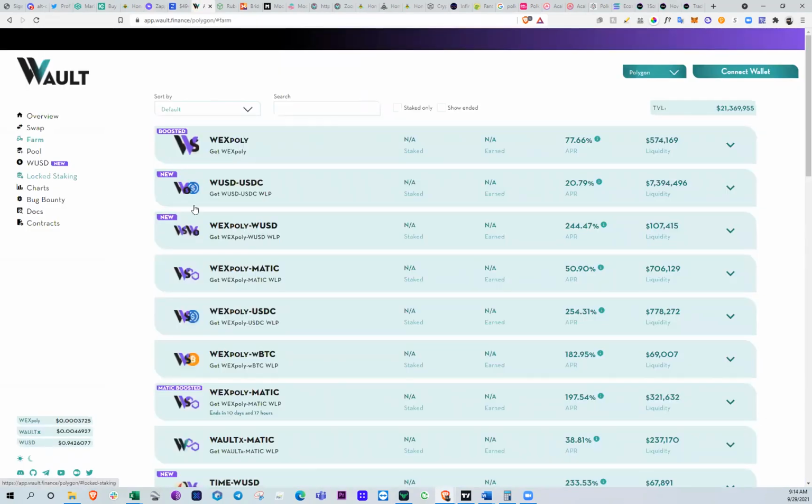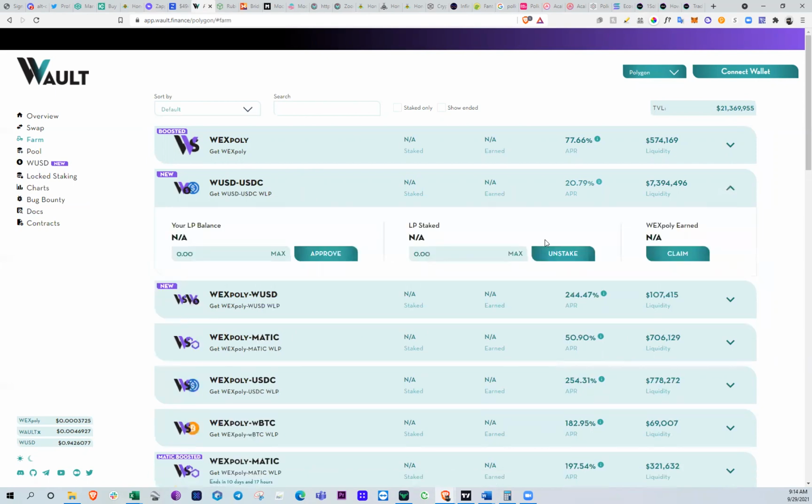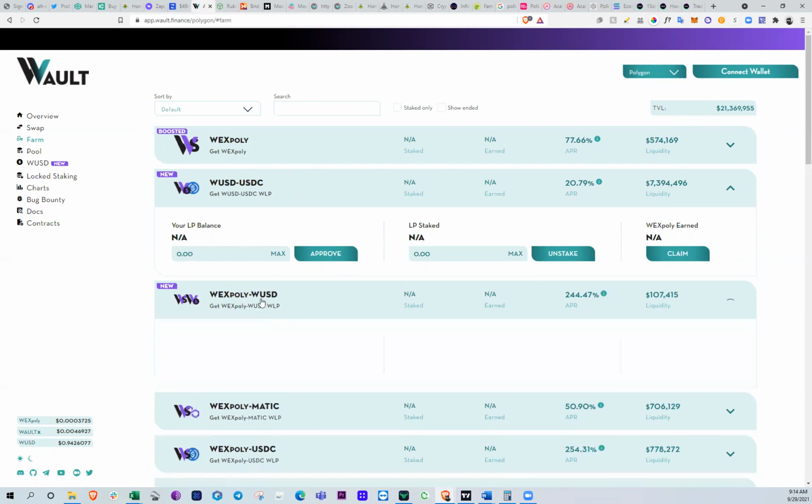Because you put it into the pool, they'll give you the LP token for it, and then you take that LP token and you stake it or farm it back into the protocol to claim some other token. Once you get that other token, go pool that, get the liquidity token for that, and earn some more of your token.